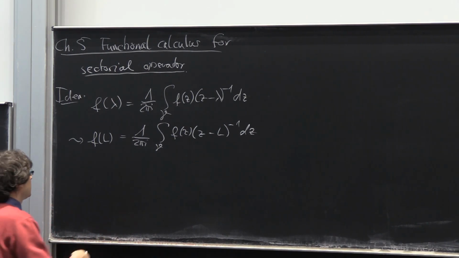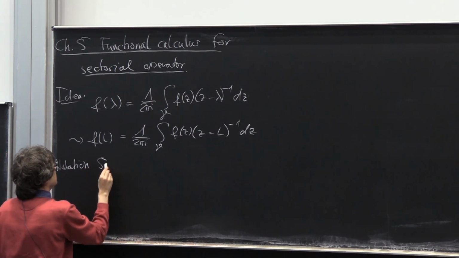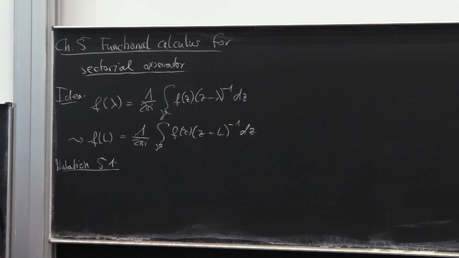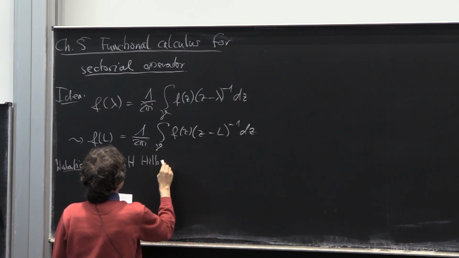Okay, so as usual, I start the lecture with some general notation that will hold throughout this lecture, so that I do not always have to write it. So again, H is a Hilbert space.